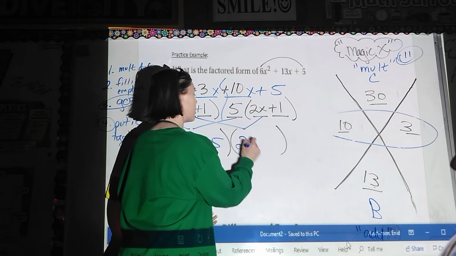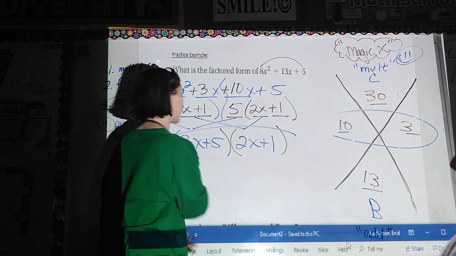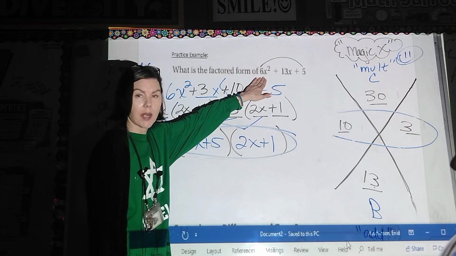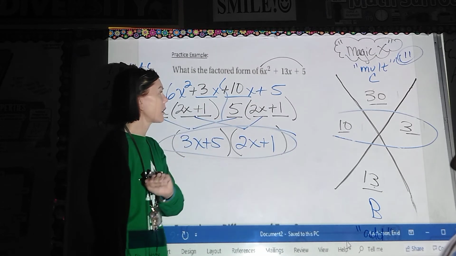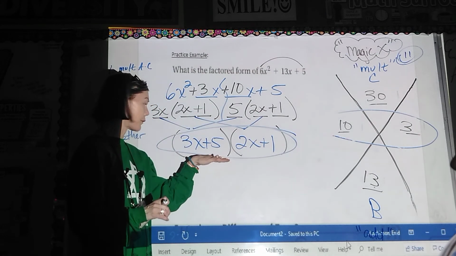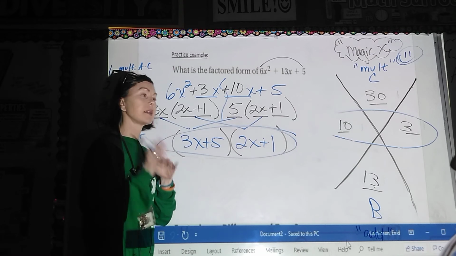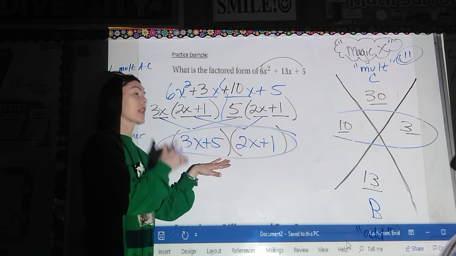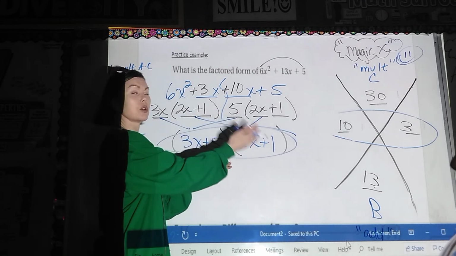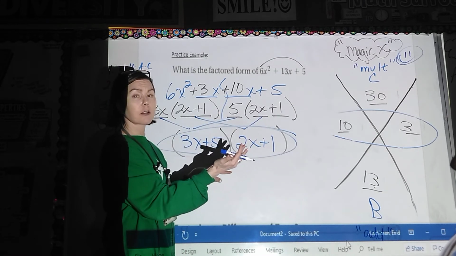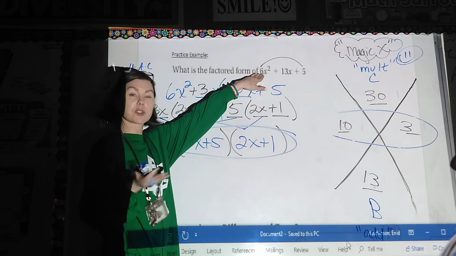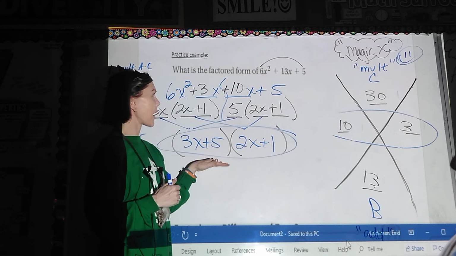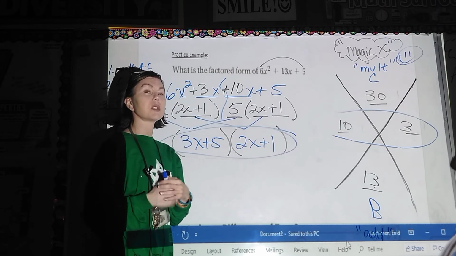So we have 2x plus 1. And this is your factored form of that quadratic, of that polynomial, okay? Now remember, if you're unsure if you factored it properly, if you just do the FOIL and multiply it out, if you get what you started with, then you know you factored it correctly. Okay? That's factoring when the A value is greater than 1.